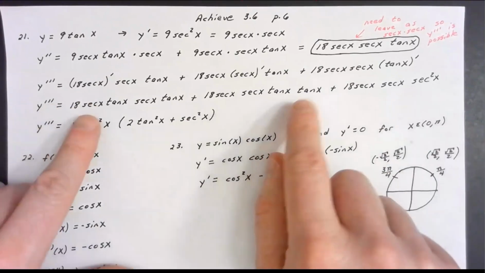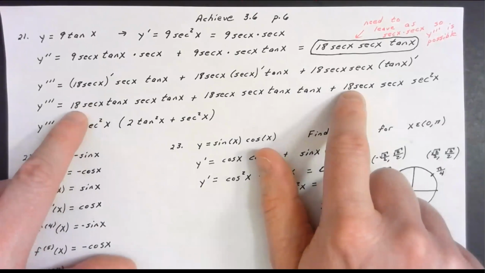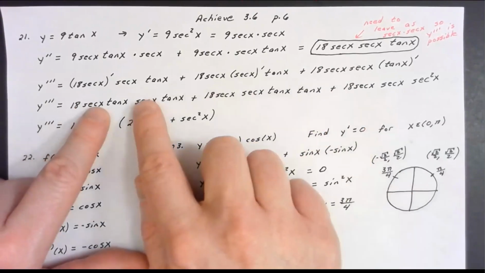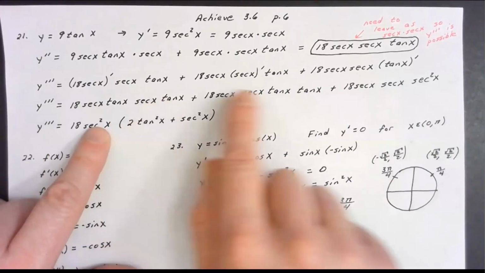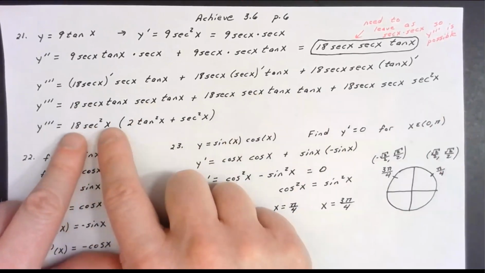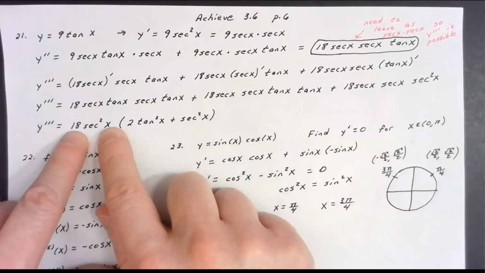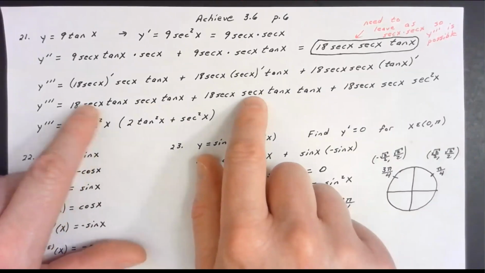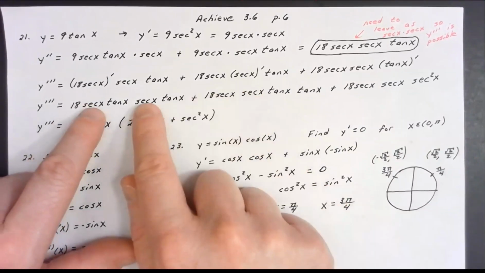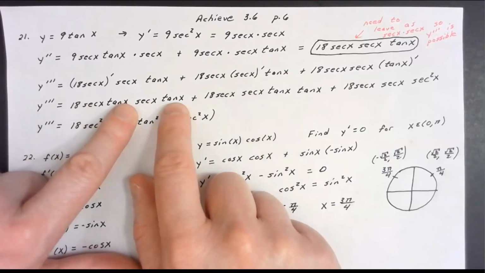Oh, you bet. You know that you can factor out an 18, and you can also factor out at least a secant squared amongst all 3 terms. So I would recommend factoring out an 18 secant squared x. But now when you do that, please notice also your first 2 terms were the exact same thing. They were 18 secant squared x tangent squared x.